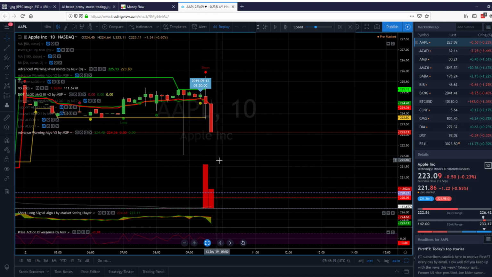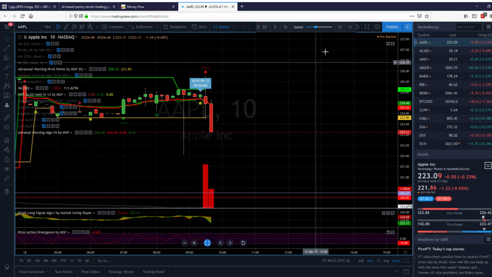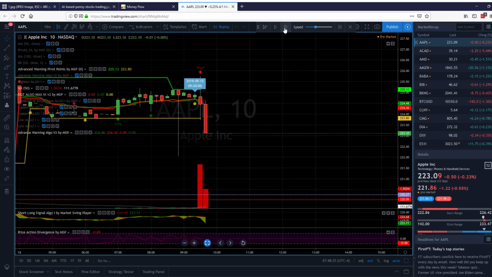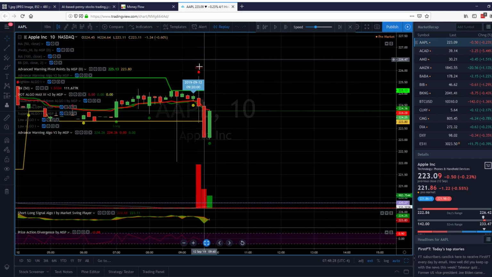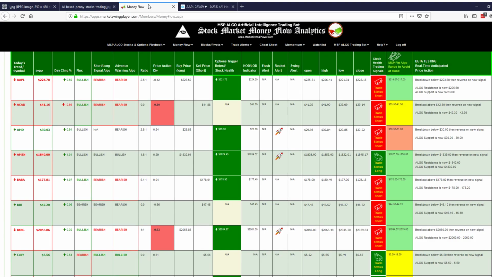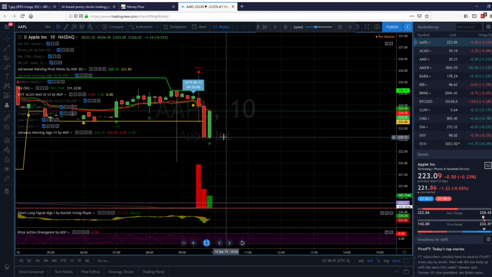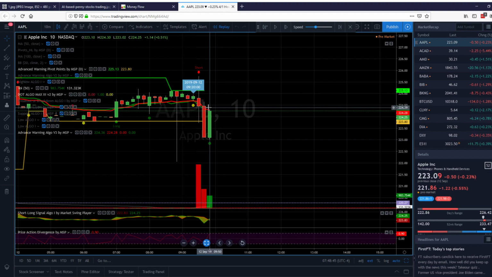So we're thinking below 223, we could see that this is 223.11 there. And so price actually went below 223.6. It hit 223.11 and then reversed.